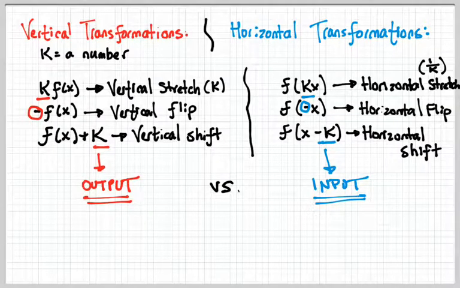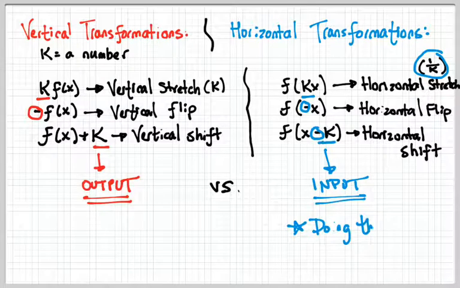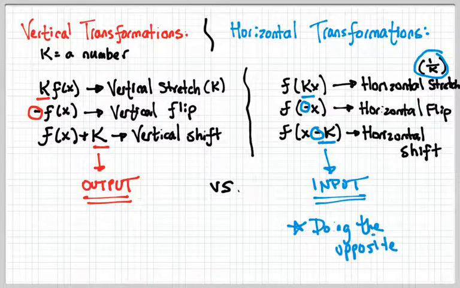And there's one other thing that's a little bit deeper here with horizontal. You may notice that in the horizontal stretch you're doing 1 over k, and then in the horizontal shift you're doing the opposite. We're going to look at the algebra for this later, but with your horizontal transformation you're always doing the opposite of what is told, whereas with vertical your stretch is your k, and your shift is your k.